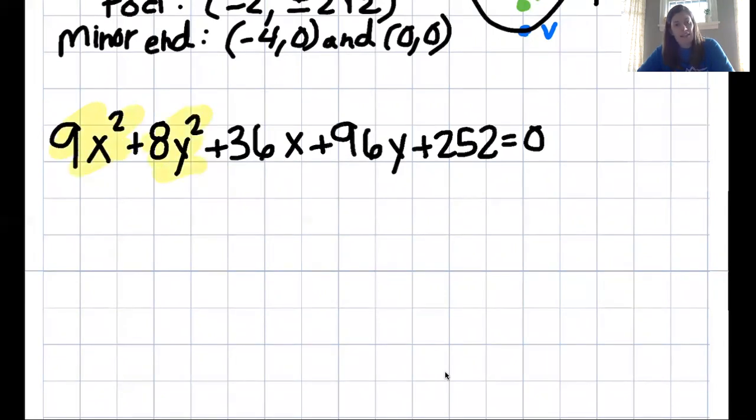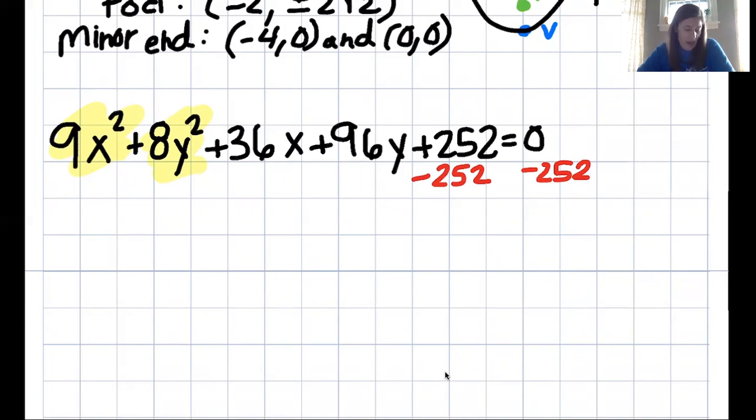And I can tell this is an ellipse, not a circle, because they don't have the same coefficients, again, similar to the previous problem. But I'm going to move this 252 to the other side, because that's the constant term that we're always adding or subtracting from. Really, it's like subtracting the thing that completes the square. But I'm going to move it to the other side, and you can decide which method you like. So I'm doing it a little bit different.